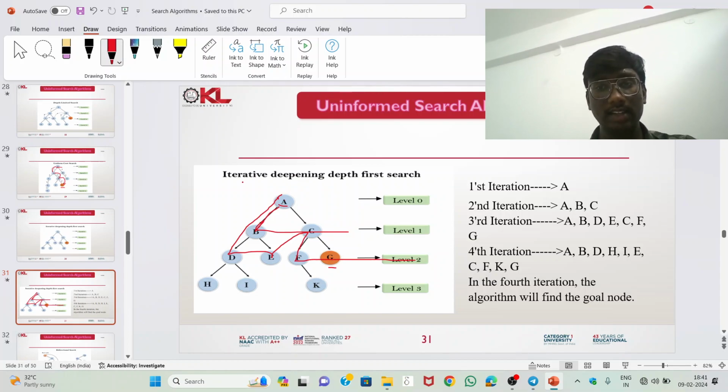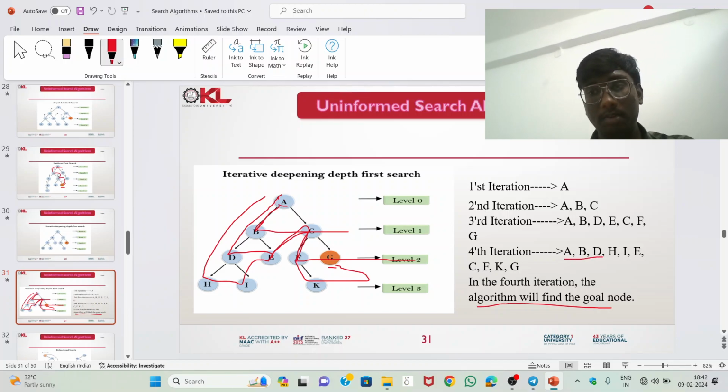And again we increase one level: A to B, B to D, D to H, H to I, E to C, F, K, G. In the fourth iteration, the algorithm will find the goal node.